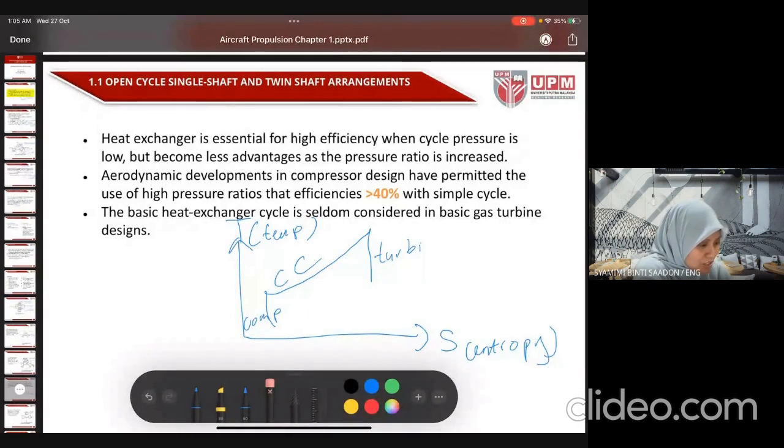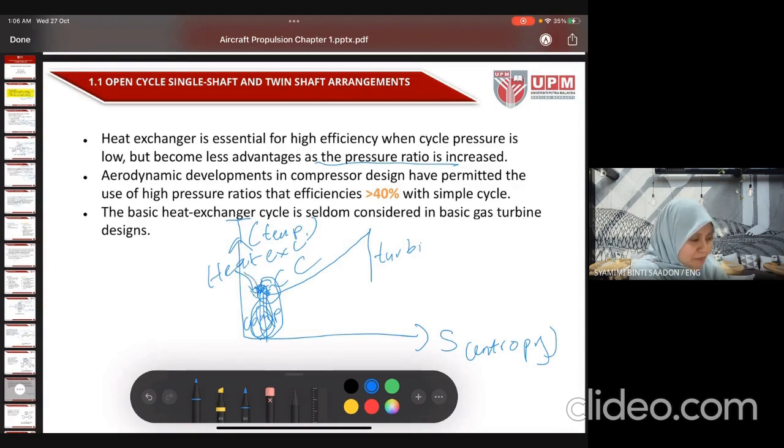If the pressure ratio, which is here, is increased, is high enough, then maybe the need for a heat exchanger, which we add here before entering the combustion chamber, is less. If the pressure ratio, which is the pressure at the compressor here, is already high enough, it is less advantageous to add another heat exchanger here, because the pressure ratio is already increased, so maybe we don't need an extra heat exchanger here, because of the location.